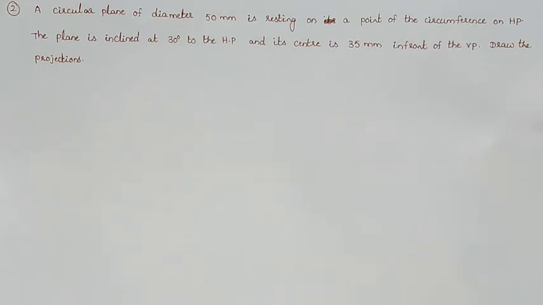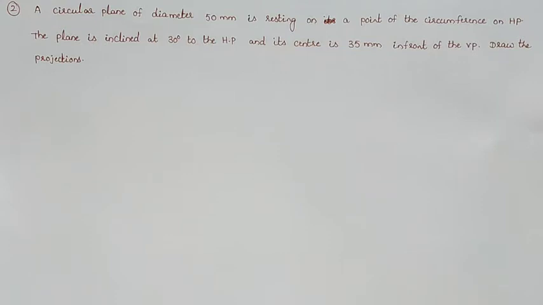The diameter of the circular plane is 50 mm, resting with its circumference on the HP, and the plane surface inclination is 30 degrees to the HP, and its center is 35 mm in front of the VP.